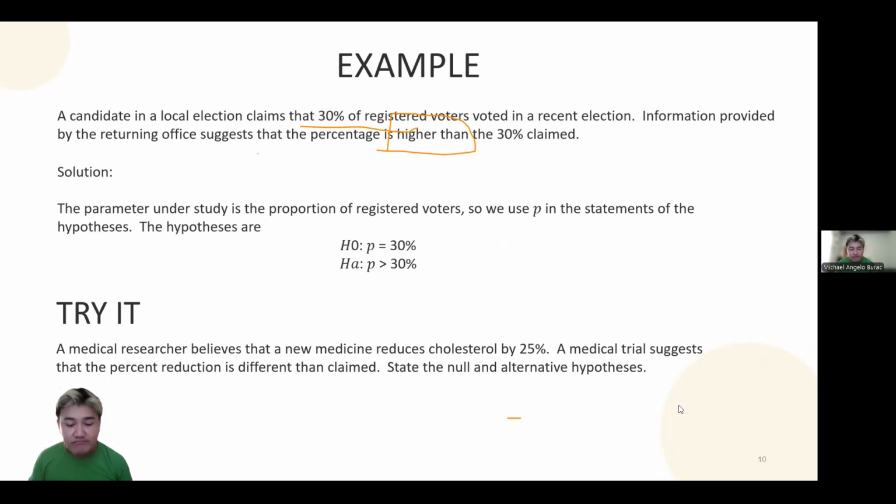So how do we write the hypotheses? Our null hypothesis is equal to 30%, so P is equal to 30%. And for our alternative hypothesis, since it's higher than, we look into the right tail, so we use greater than to represent that.